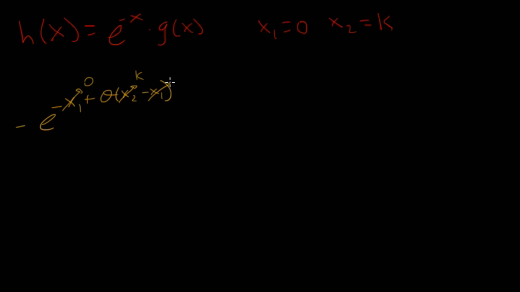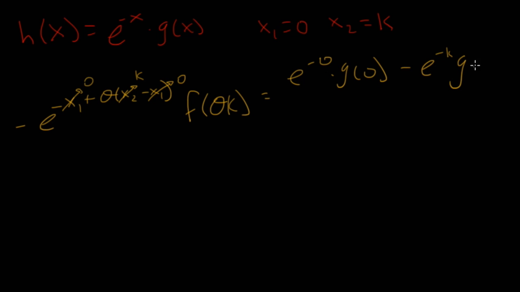This is k, and this is 0. So this just turns out to be e to the negative theta k, and same goes for f of x, so that's going to be theta k, equals e to the negative 0 times h of 0 minus e to the negative k g of k, all over 0 minus k.